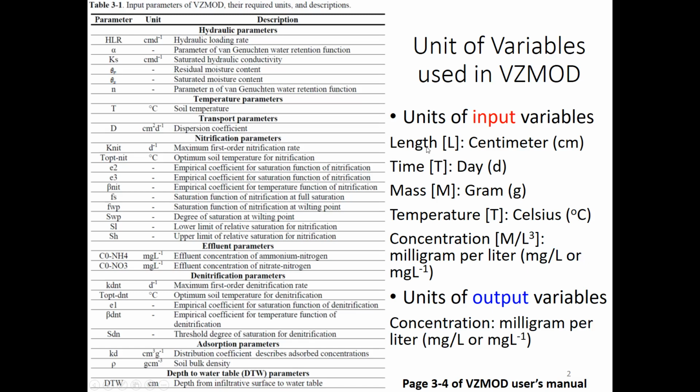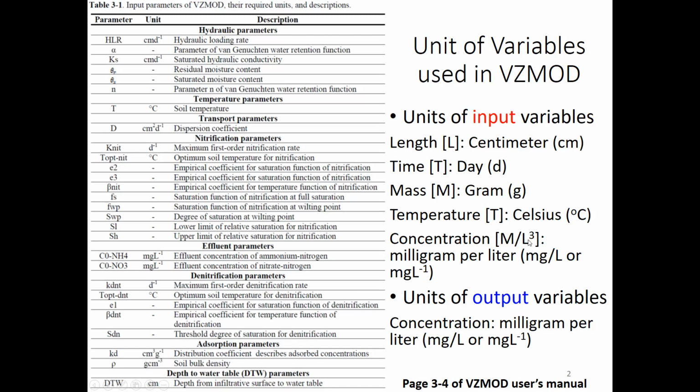In Vismod, the length unit is centimeter. Here you see centimeter everywhere, and the unit for time is day. The unit for mass is gram, like the soil bulk density. But for concentration, the unit is mass per volume.